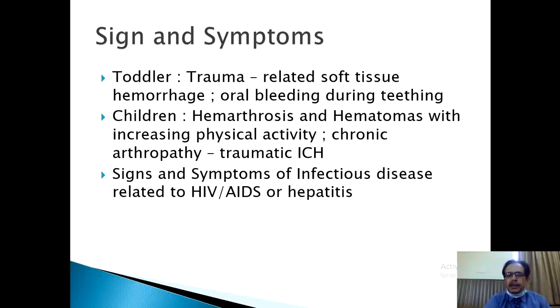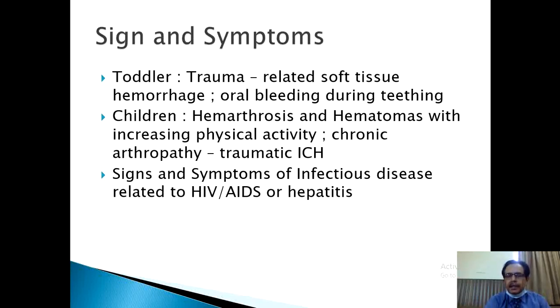There may be oral bleeding during the teething process as the teeth are erupting. There may be gum bleeding in toddlers, and children can present in Christmas disease with hemarthrosis and hematomas, with increasing physical activity, exertion or sports, etc.